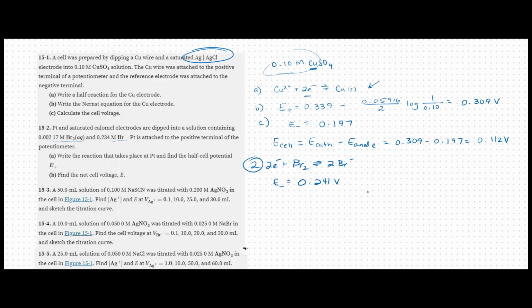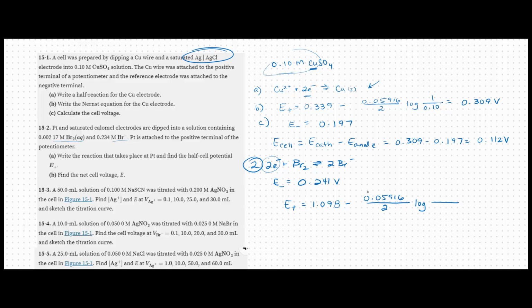So here we are, it's 1.098. So when I go to write the Nernst for that, the E plus is going to be 1.098 minus 0.05916. That is my constant, divided by 2, because I have 2 electrons being transferred, times the log of the Q value.